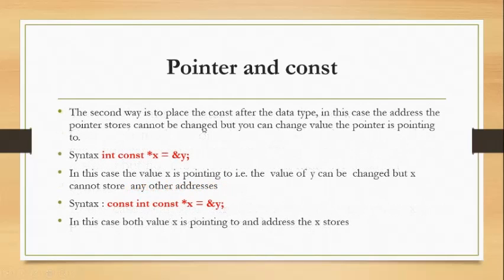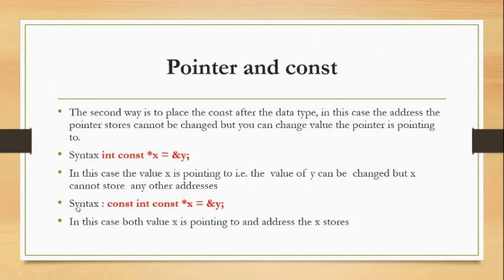The second way is to place the const keyword after the data type. In this case, the address that the pointer stores cannot be changed, but you can change the value it is pointing to. So for example, here the value of y can be changed through the pointer, but x cannot point to any other address.